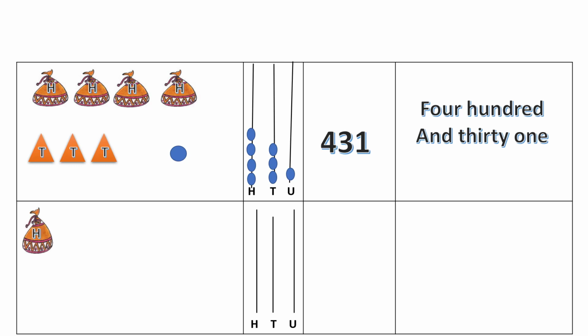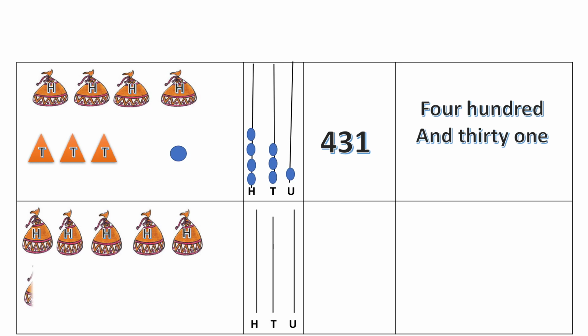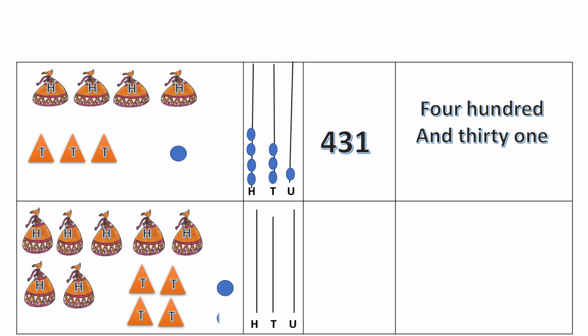431. 7 hundreds, 4 tens and 2 units. In this example the hundreds bunch is 7.